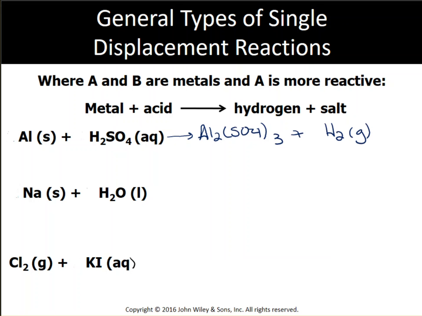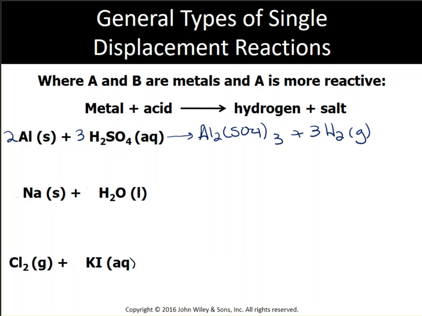And why hydrogen gas? Because we don't have just hydrogen. Hydrogen doesn't exist as monoatomic. It has to be a diatomic molecule. Now we gotta make sure that the reaction is balanced. So you're gonna need to have 2 aluminum here and 3 sulfuric acid and 3 H2.